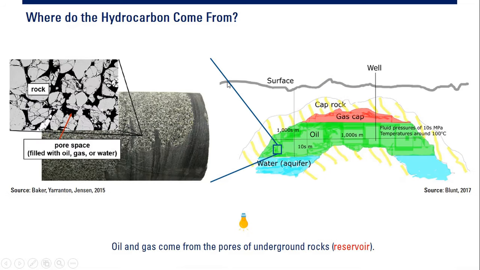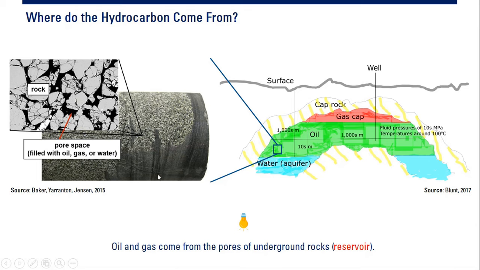Then the real-life reservoir is actually not a sponge but rock. And we know it is porous rock, batuan yang berpori. And the oil, gas, and water are stored inside the pores, disimpan di dalam pori-pori.